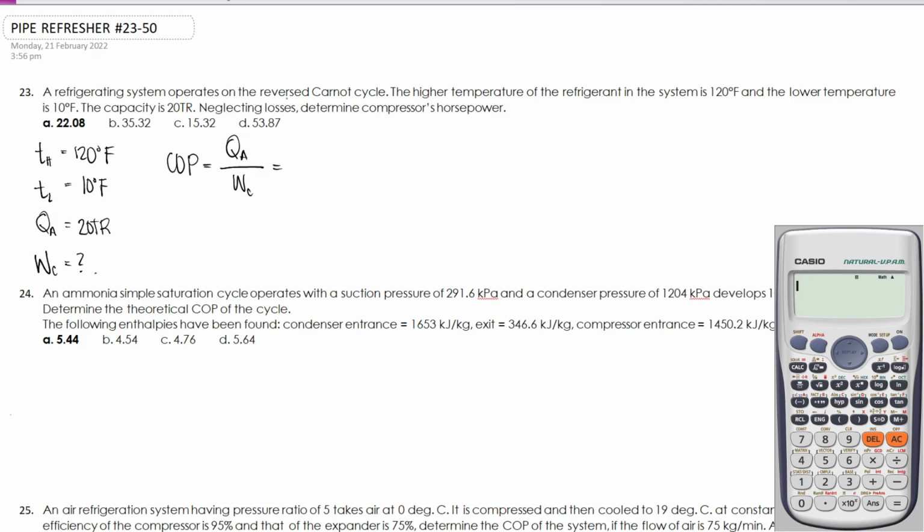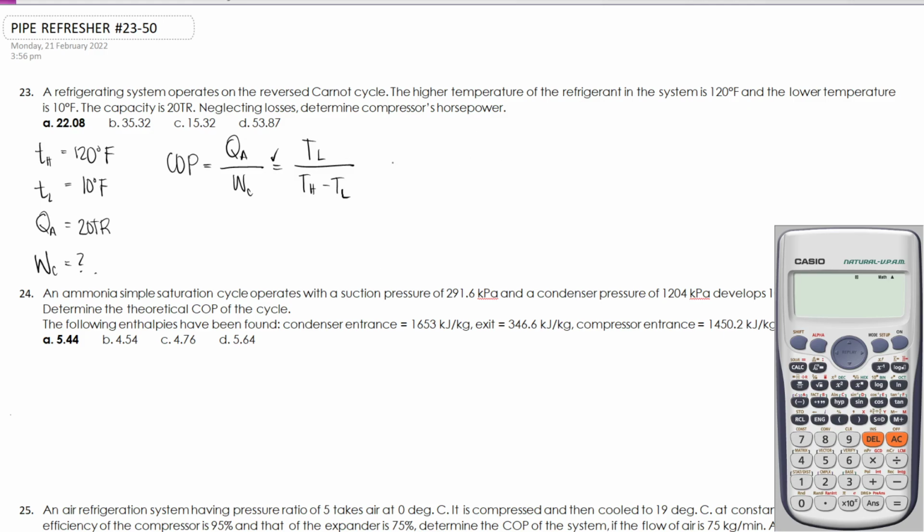And for reverse Carnot cycle, meron tayong derived formula using the temperatures: COP is equal to TL over TH minus TL. So equate lang natin itong dalawang formulas ni COP para makuha natin yung work input ni compressor. Just take note na dito sa formula ng COP using temperatures, dapat yan is naka-absolute.